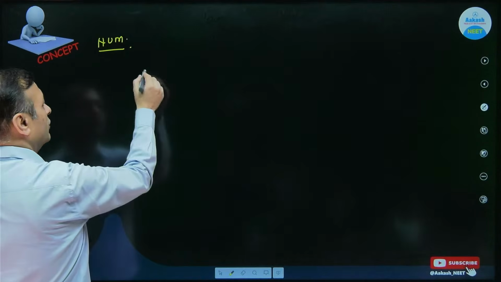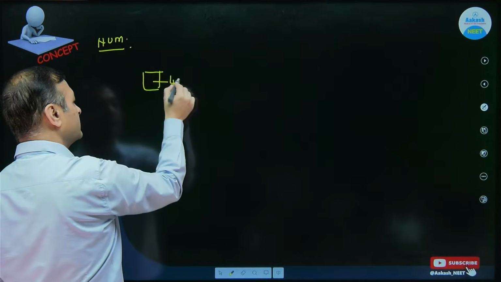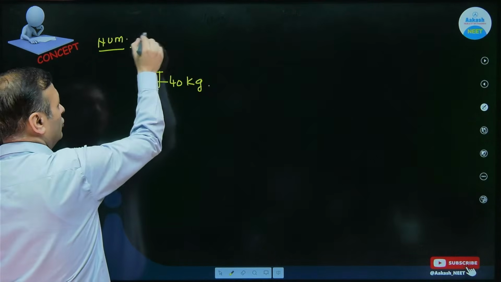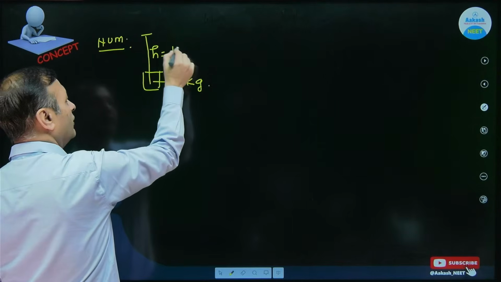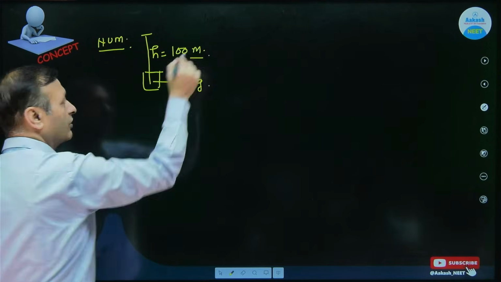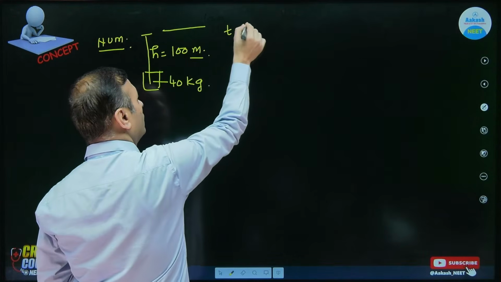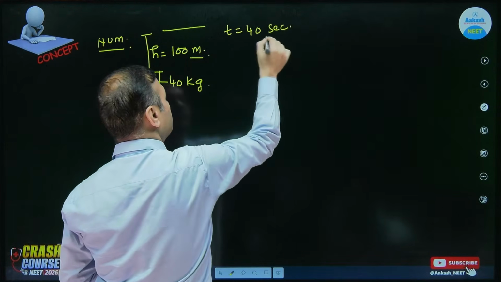Let's suppose you have a body maybe of mass 40 kg. You lift it to a height of 100 meters. Got it? And you take time 40 seconds.